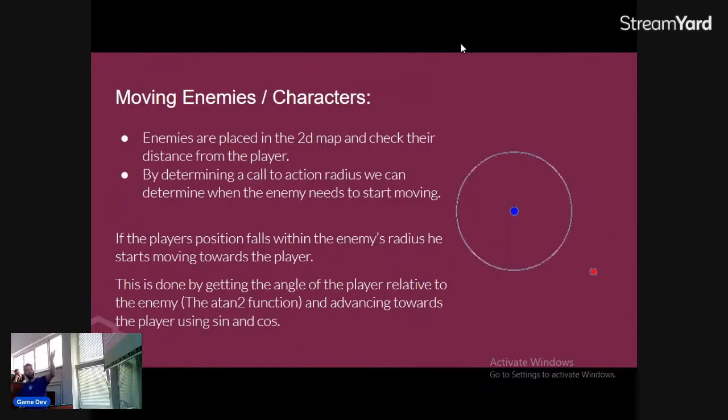So again, it's simply circles and triangles and radians once again, and when our player comes into range, then he starts moving towards him. We were talking about the arctangent function earlier, so that's exactly how this works. It just calculates the hypotenuse from the blue to the red circle and starts moving towards him according to the speed that was defined on him.